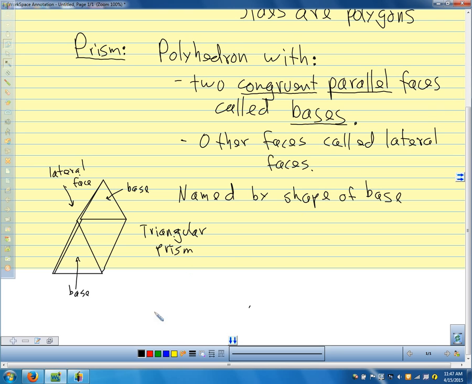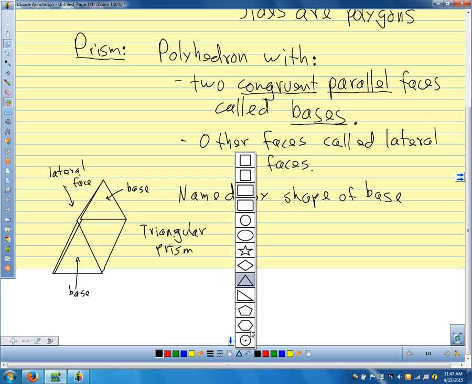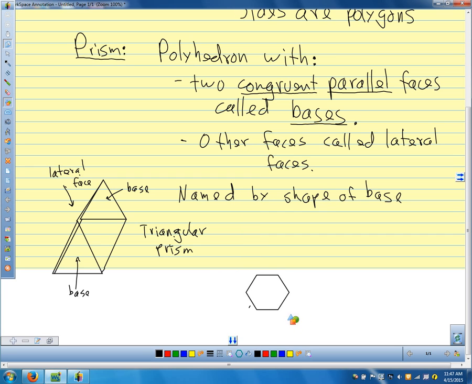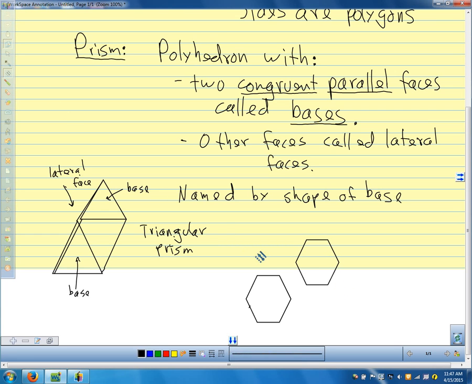And we can also have, let's draw another one. We could have a hexagonal prism. Let's draw one of those. I'm just going to draw a couple of hexagons here, and then we're going to connect our vertices. So there would be a hexagonal prism. The bases are hexagons.